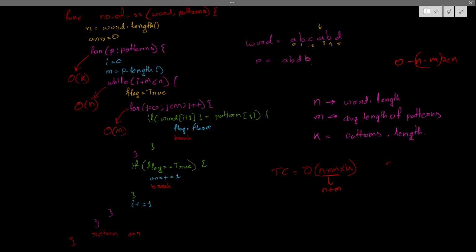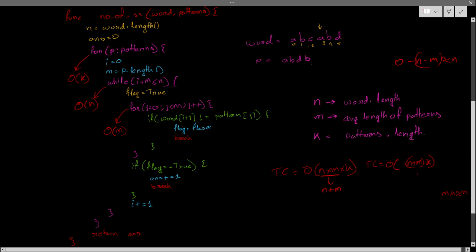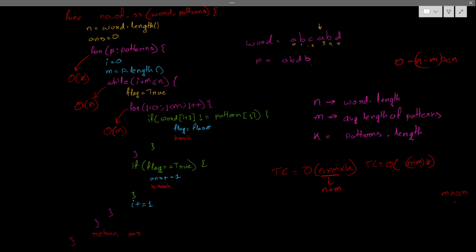The time complexity becomes big O of n plus m, into k. If m and k are nearly equal to n, or something very smaller than n, then it is big O of n or something.